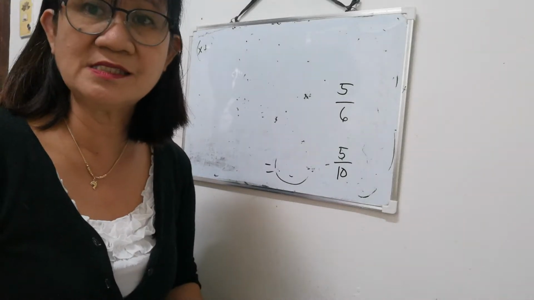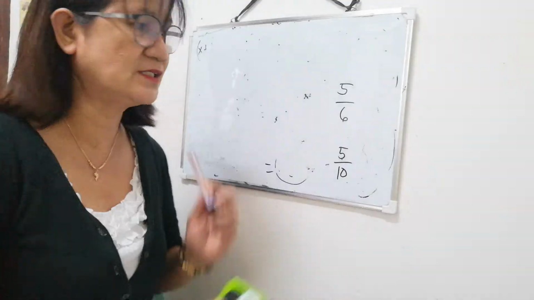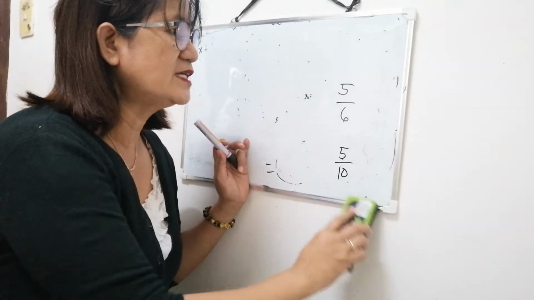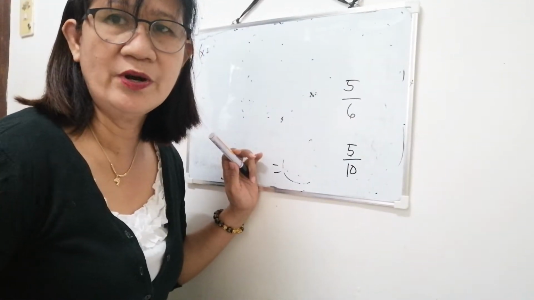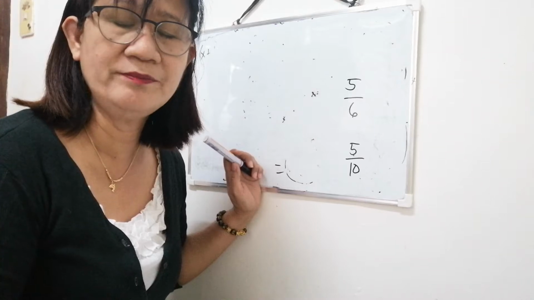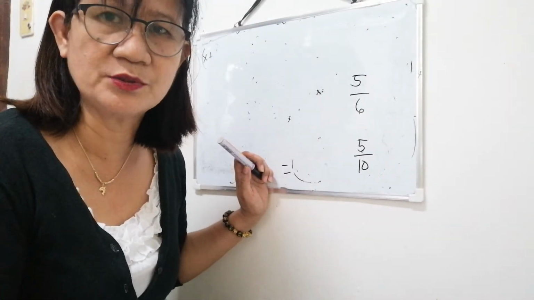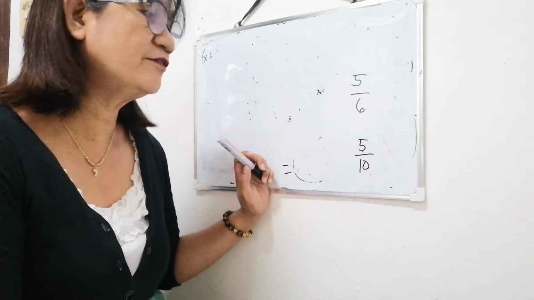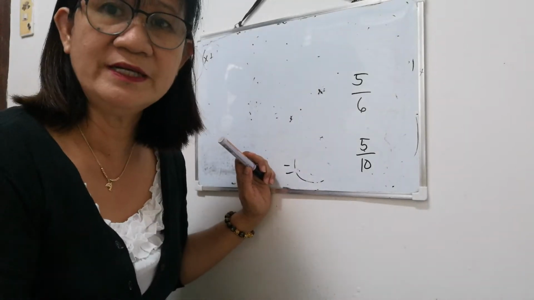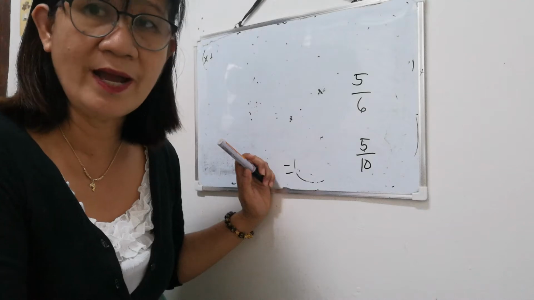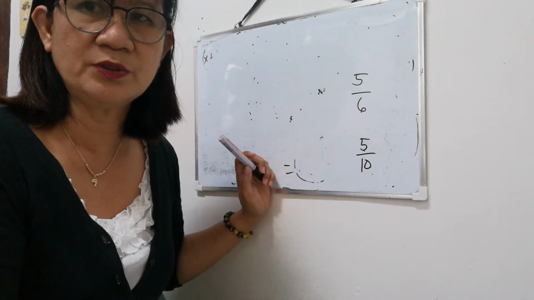The answer is 5 over 6, no? 5 over 6 is already simplified or it is already in simplest form because they have no common factor aside from 1. How about 5 over 10? 5 over 10 is not yet simplified. Why? Because they have common factor.